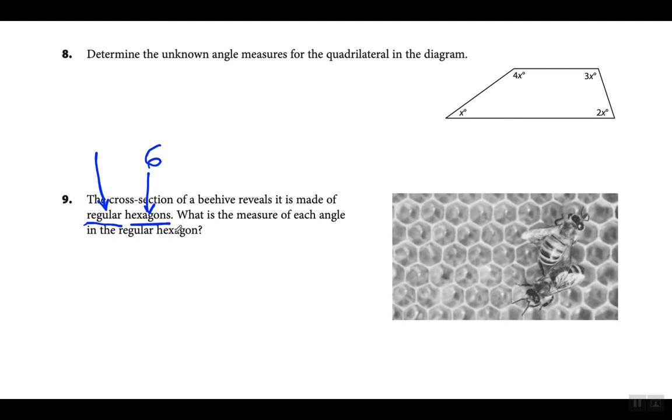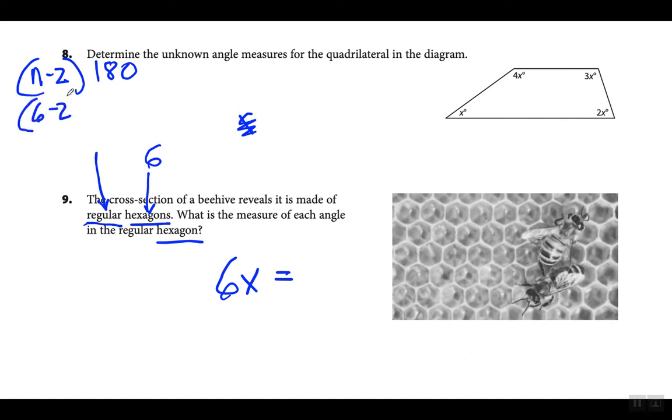Alright, so if a hexagon has 6 angles and they all measure the same, in other words, let me start here so I don't lose anybody, okay? When I add up all the angles in a hexagon, it's got to give me the following. I'm using the formula, 6 minus 2 is 4.